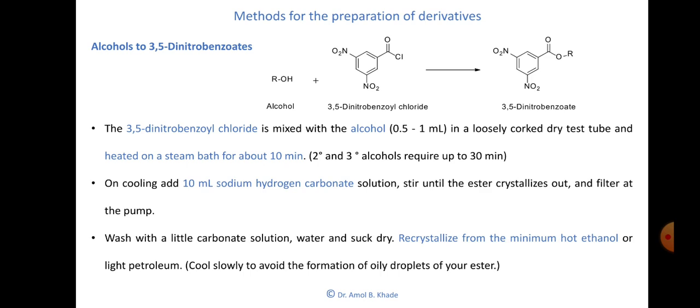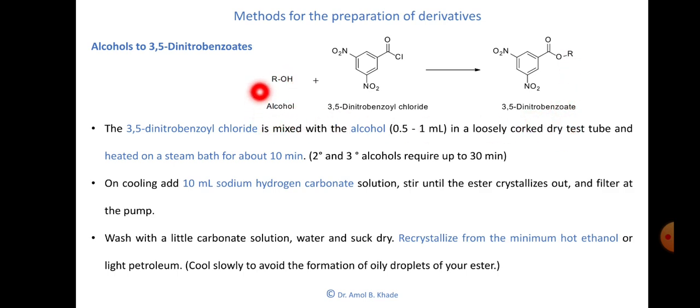So what we are doing here, we are converting our alcohol to its 3,5-dinitrobenzoate. Okay, so let's say it is methyl alcohol, then here this R represents the alkyl group of the alcohol, so it will form methyl 3,5-dinitrobenzoate. Okay, like that.